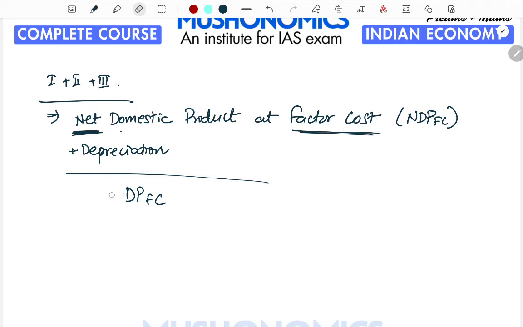If we add depreciation here, what we get is GDP at factor cost, gross. Now if we take net indirect taxes into consideration, then it will become GDP at market price.